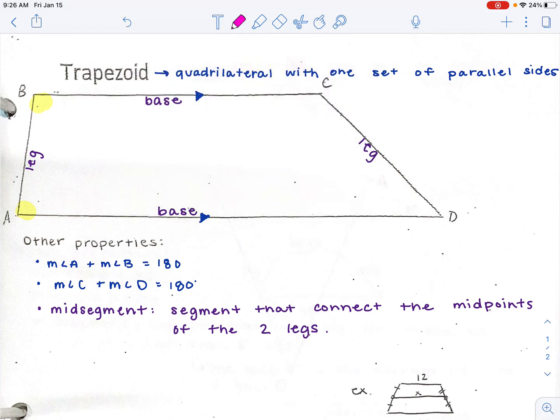So if I draw this in here, the mid-segment is going to connect this midpoint right here, which is the same as this, and this midpoint over here. It connects those two points, and that is what we call the mid-segment.